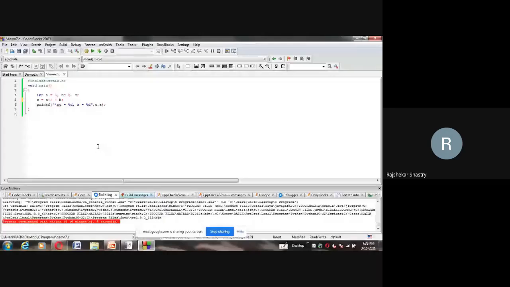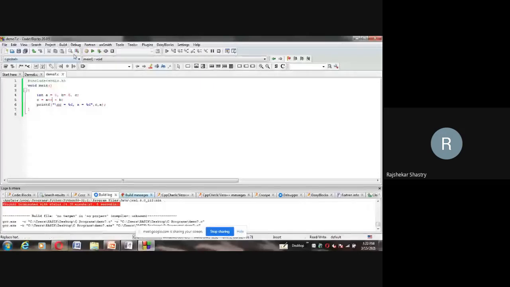So 5 plus b is 6. 5 plus 6 is 11. And of course, after using the value of a in the expression, a gets incremented anyhow. So a will become 6 only. So this time the answer is, anybody, 11 comma 6, not 12 comma 6. Let us see, it is 11 comma 6.